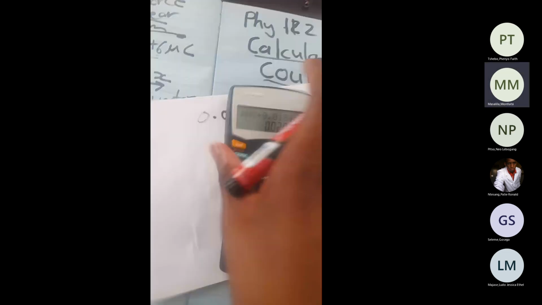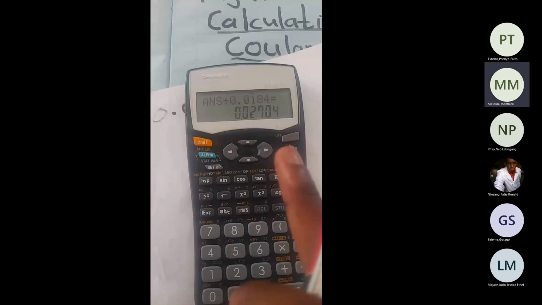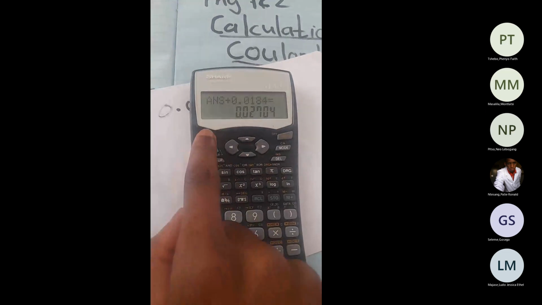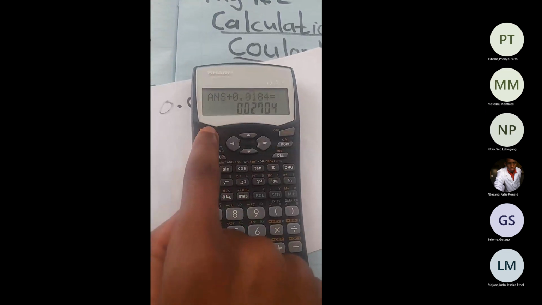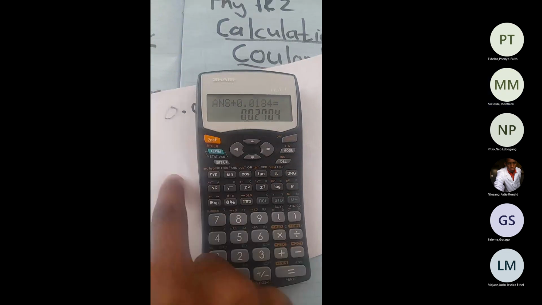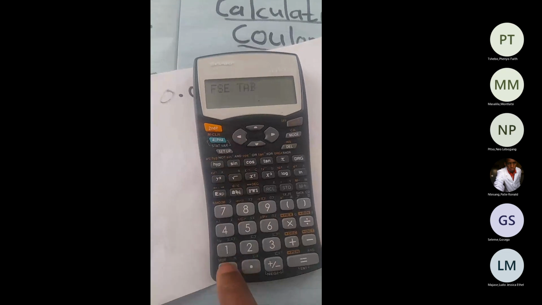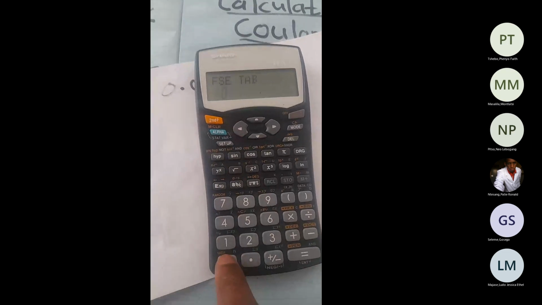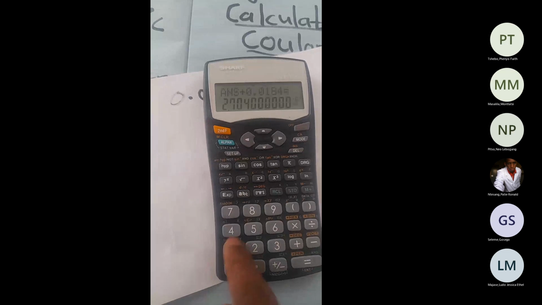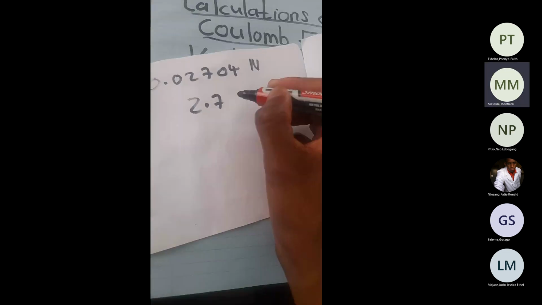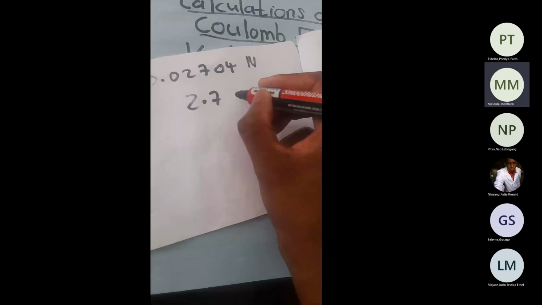Agree, this is your answer. Then you press second function, setup, scientific. So your answer is going to be 2.7 times 10 to the power -2 Newton.